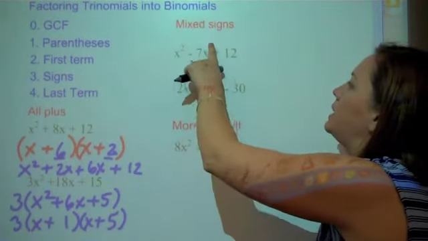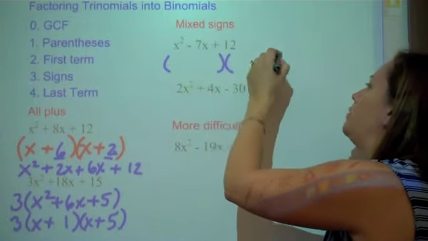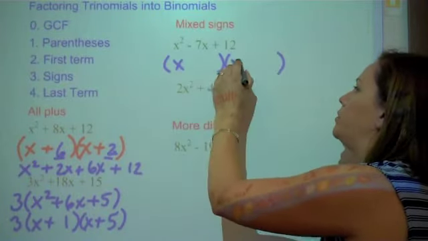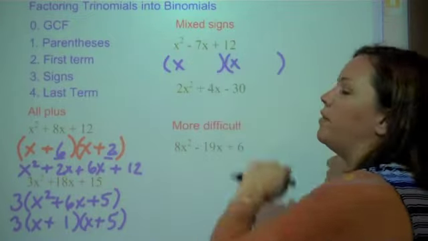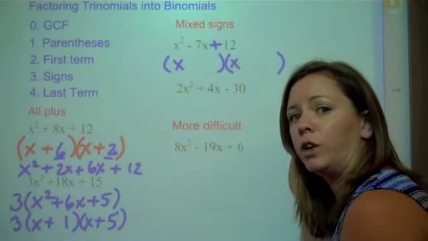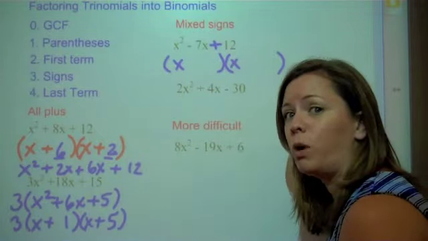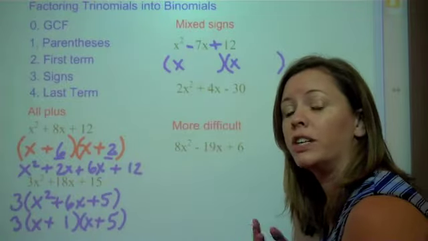Let's say we have mixed signs, so we have a negative and a positive here. I'm going to start by putting in my parentheses. My first terms have to be x to multiply to x squared. And then I want factors of 12 that add up to negative 7. Because this is a positive 12 here, the only way I can get factors of positive 12 that add up to negative 7 is if both factors are negative.